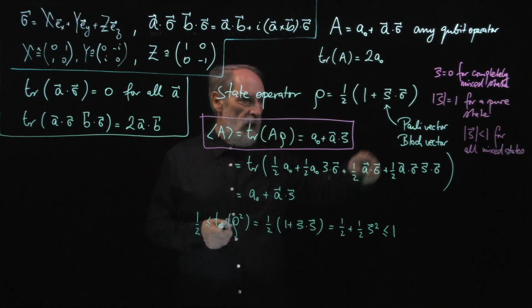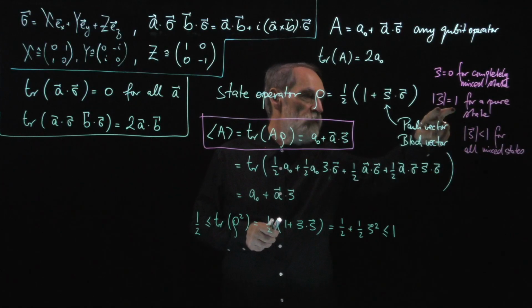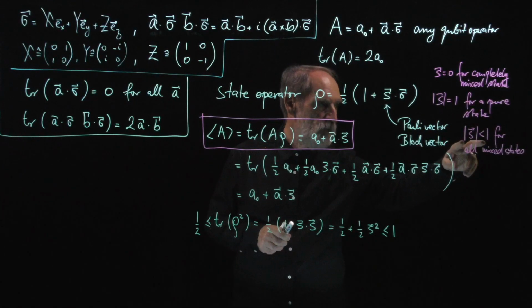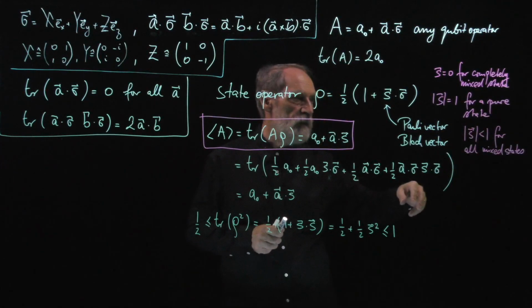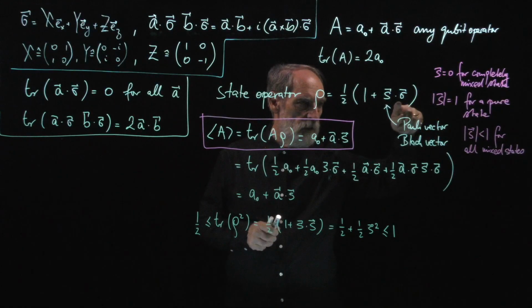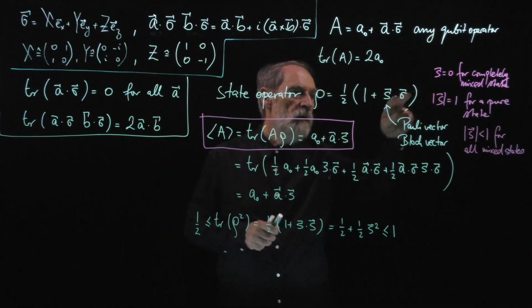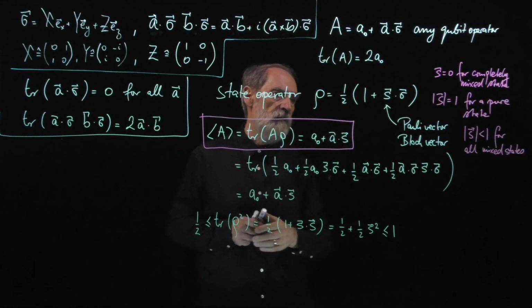So the allowed vectors here are vectors which at most have length 1, then we have a pure state. If the length is less than 1 but not 0, then we just have some mixed state. If the Pauli vector is the null vector, like the length is 0, then we have the completely mixed state, where rho is just equal to half the identity.